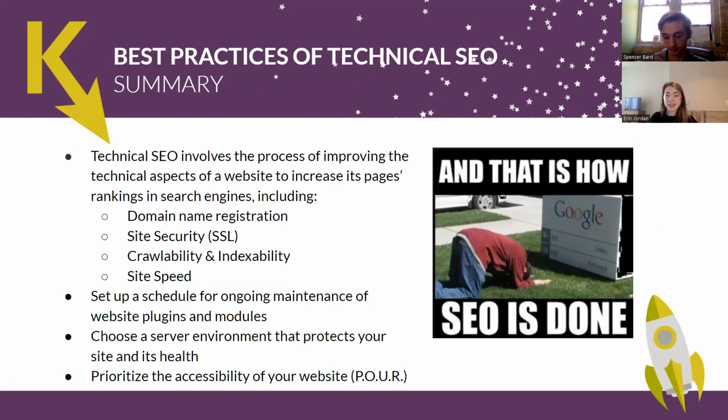So, what technical SEO involves, some of the key points that we mentioned related to your domain name, your site security, your crawlability, indexability, your site speed, and some of the factors that go into that, whether it be making sure that you schedule a process for you to update and maintain your website plugins and modules on a regular basis, that you're choosing a server environment that protects your site and its health long term, and then that you prioritize the accessibility of your website, again, with that acronym of POUR.